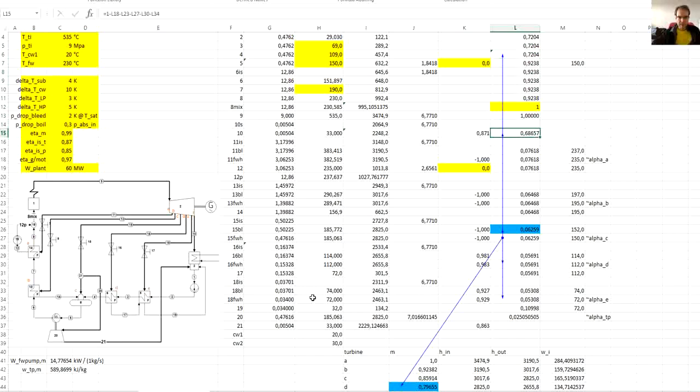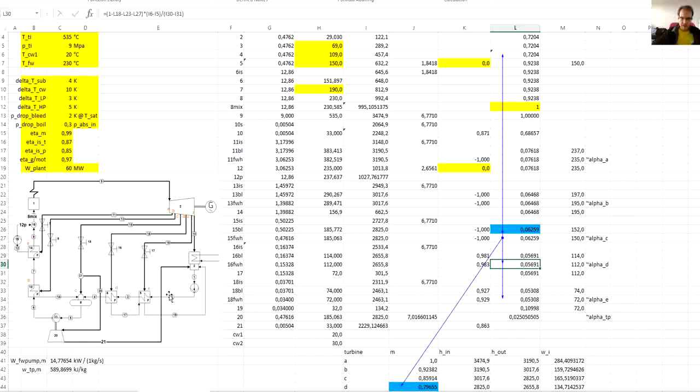Then we have the point number 10, which is the turbine outlet. Here we really take it from the turbine, so the turbine outlet should be referenced to the steam taken from the whole bleed stream. So it's 1. Then we have here one going to the 16 feedwater heater.